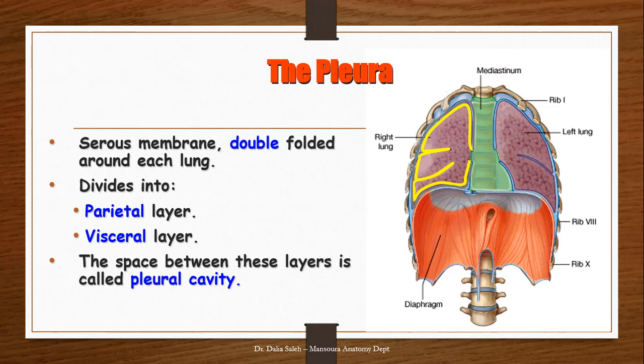The space between these two layers is called the pleural cavity. The pleural cavity contains a very thin film of fluid. This fluid will help in sliding of the visceral pleura over the parietal pleura during respiration and also keeps the two layers intact, and this will always keep the lung inflated and prevents its collapse.